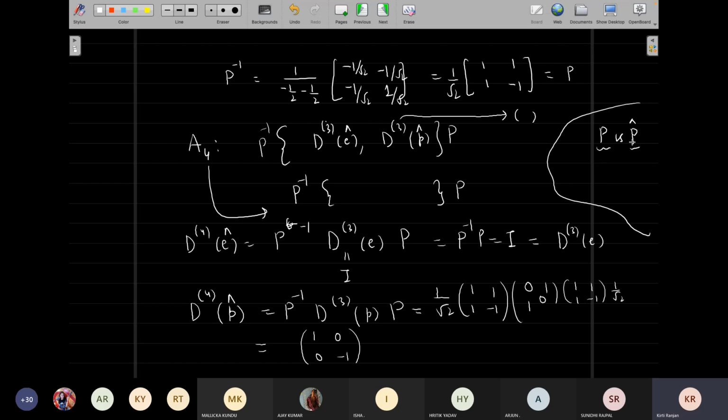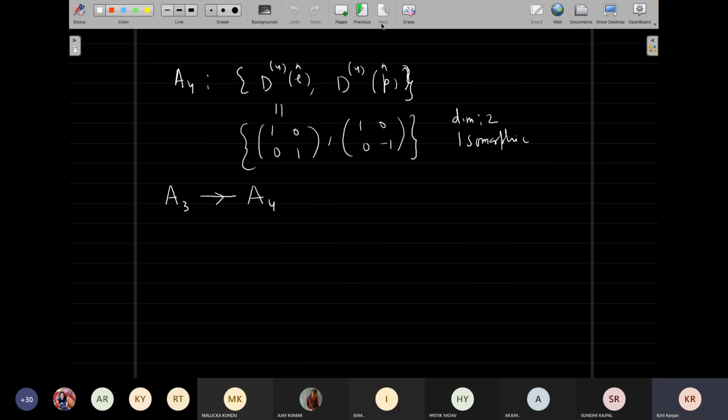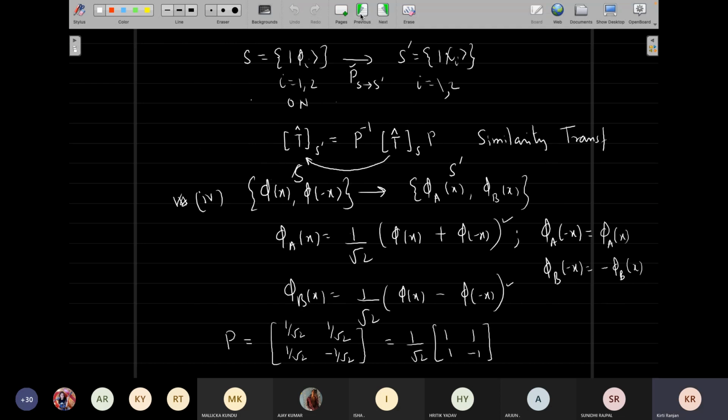Anyway, let's just come back, which is a rather interesting one. So I have got A4, which is the next representation, and this representation I got from my P inverse A3 P. Now, to be honest, I did give you the transformation matrix. But let me raise a question at this point. If I do not give you the transformation matrix, would you have still found your P from your A3 representation?